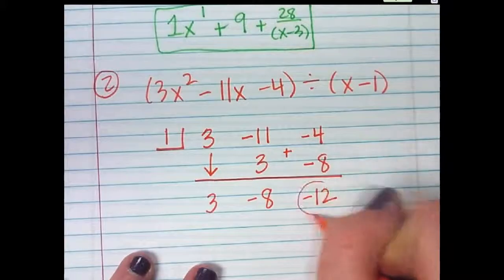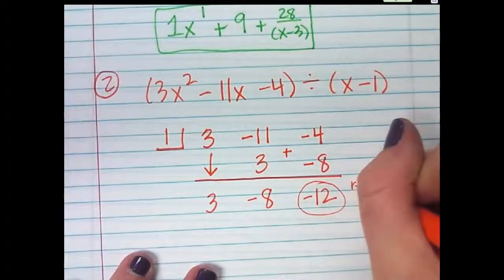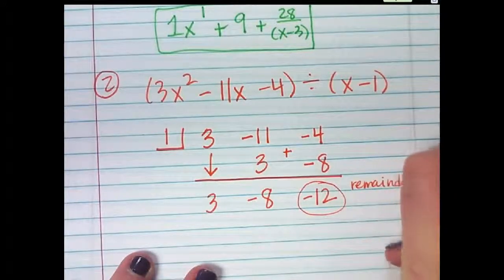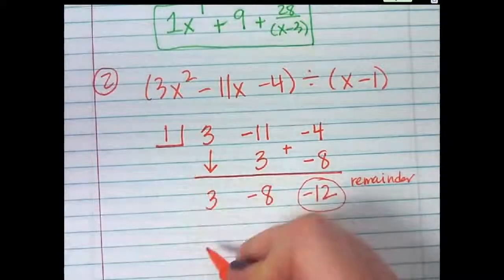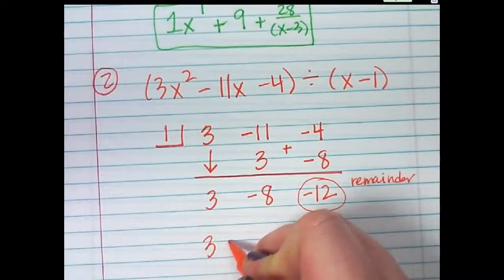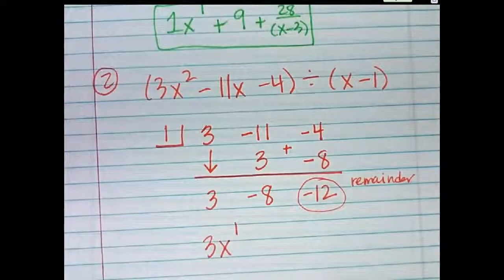So I like to circle or box this so I remember it's not going to actually be part of my answer because it's just the remainder. It's not part of that quotient. So we started with x squared, which means my answer starts with what? 3x to the first. Oh, sorry. That's fine.